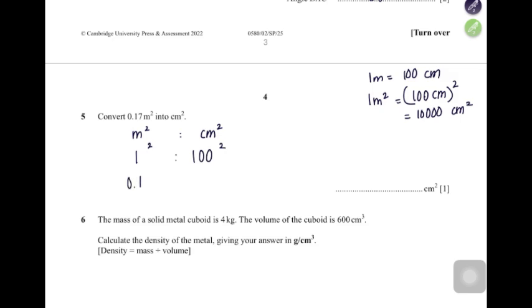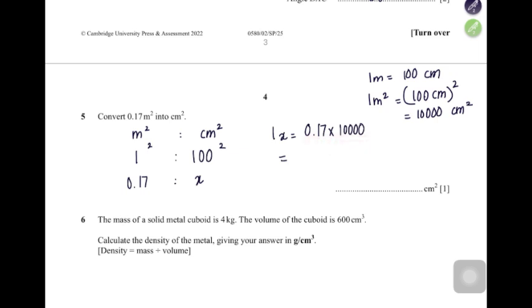So 0.17 is going to be how much? 1x is going to be 0.17 times 1 with 1, 2, 3, 4 zeros. Now we're going to move this decimal point based on how many zeros we have after 1.